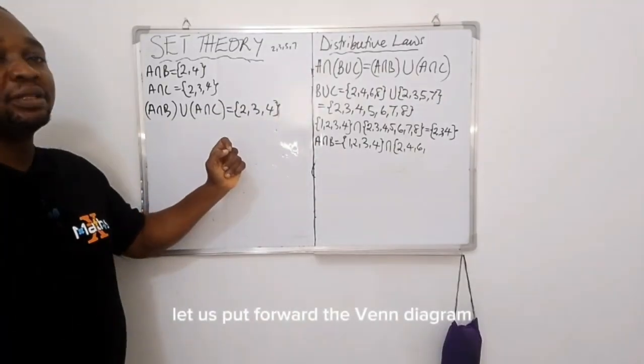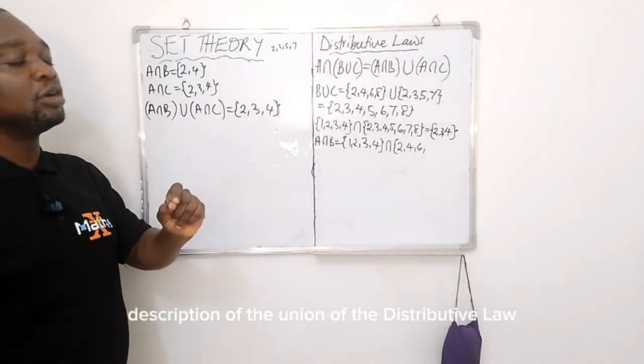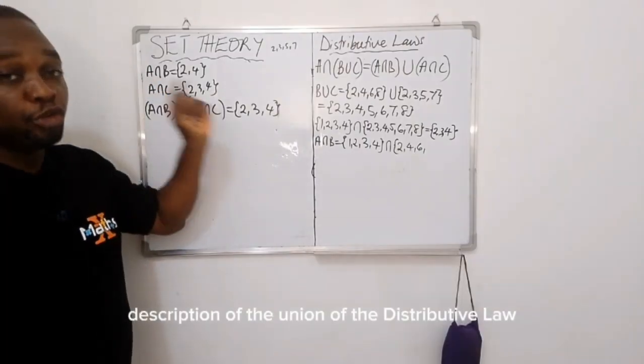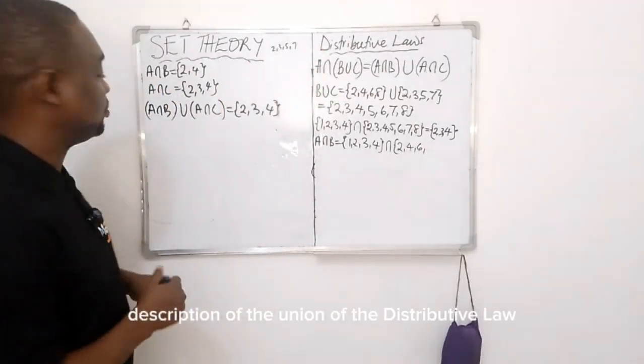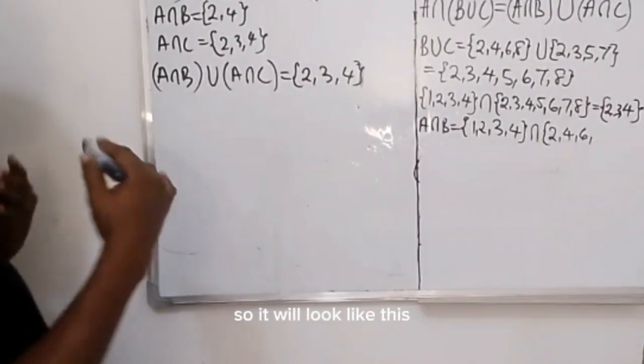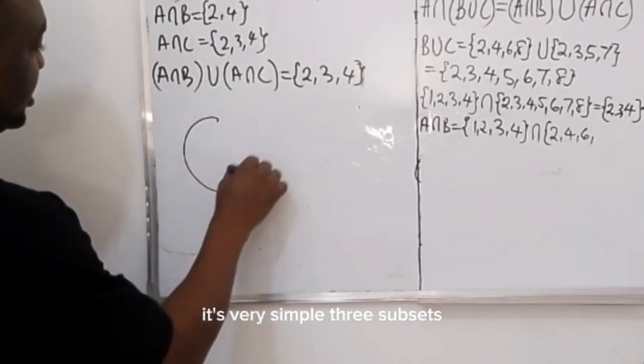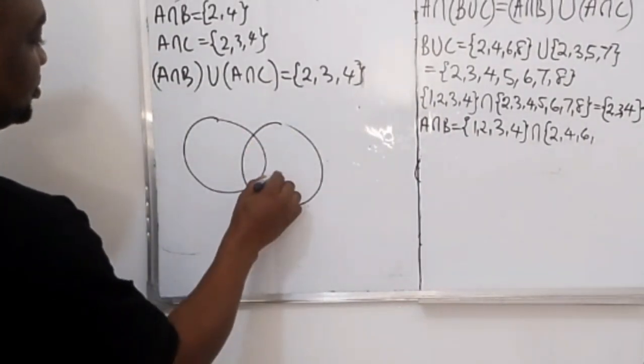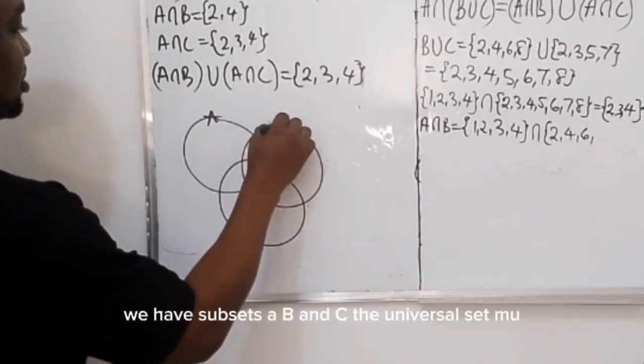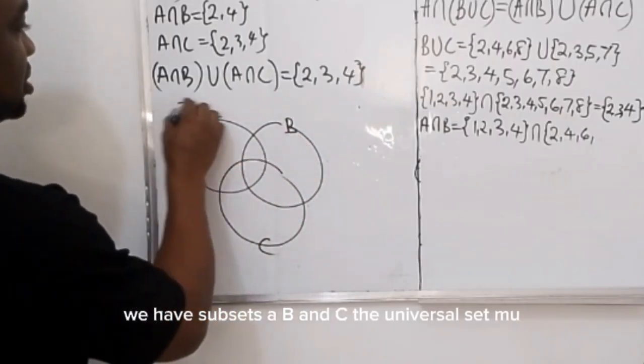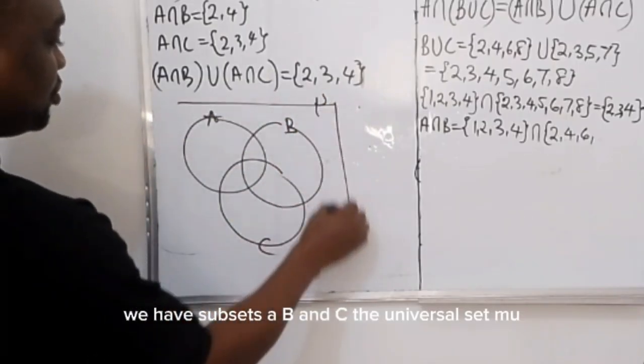Let us put forward the Venn diagram description of the union of the distributive law. It will look like this. It's very simple. Three subsets: we have subsets A, B, and C, and the universal set mu.